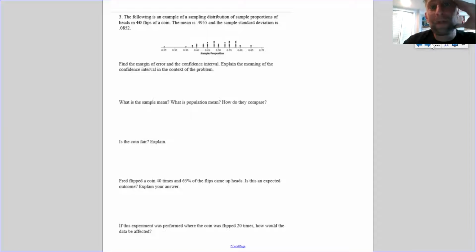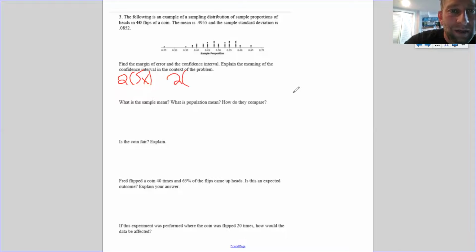The following is an example of a sampling distribution of sample proportions. The mean is 0.4955. The standard deviation is 0.0852, and it says there's 40 flips. Find the margin of error. So margin of error is 2 times the standard deviation.